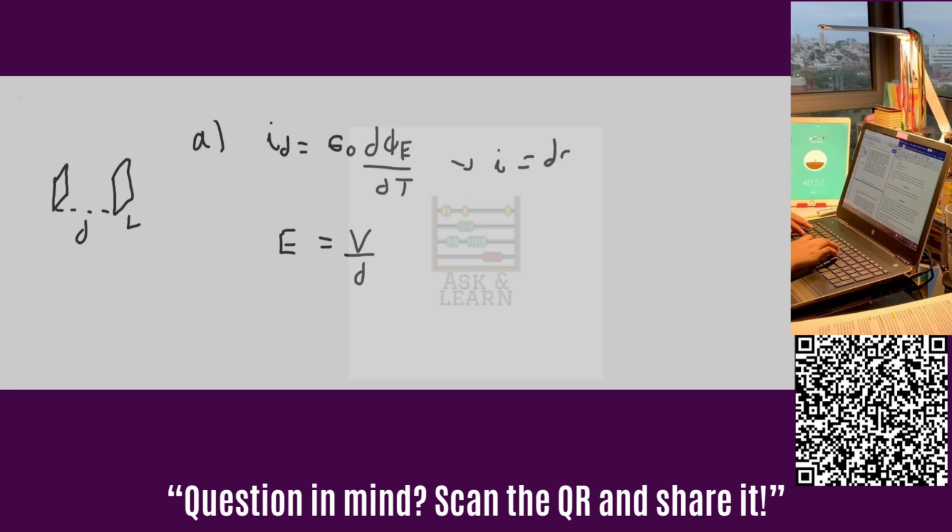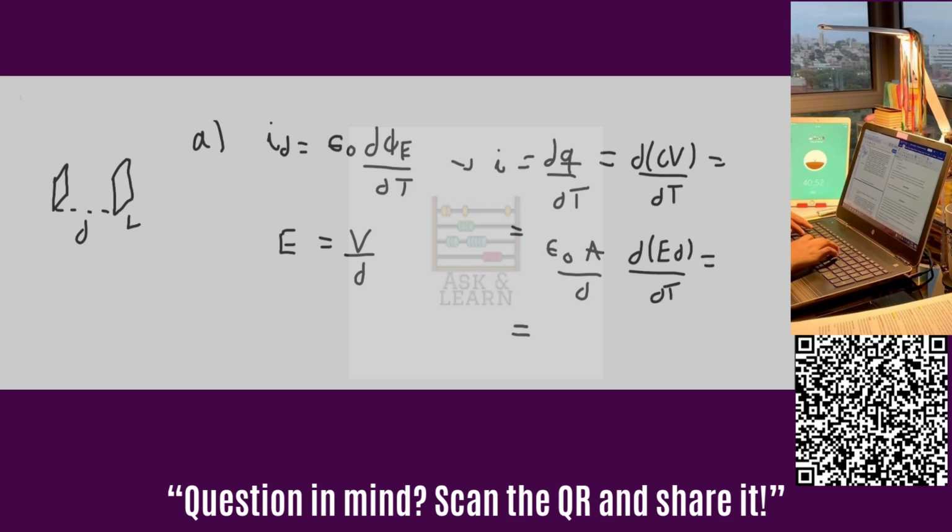being dq dt, and we can write this as d(CV) dt, and this can be written as epsilon zero A divided by d dV dt, and we can write this as epsilon zero d phi_E dt, which is the same as the displacement current.